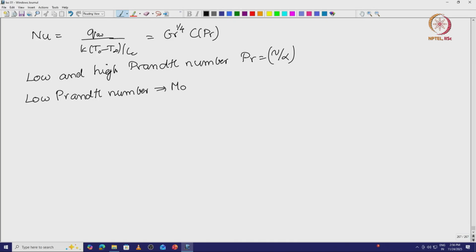Momentum diffusivity is much less than thermal diffusivity. So, therefore, heat will diffuse further away from the surface than momentum.